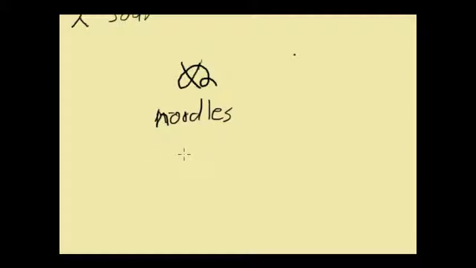Alright, so noodles. So, first thing we need is, we've already dumped our bowl of soup out, or drank our bowl of soup. Now we've got our bowl left, and we filled it up with noodles. So, obviously, if you've ever eaten noodles, you realize that when you eat a bowl of noodles, there's always that one noodle hanging over the side of the bowl. That's what this stroke is going to represent. This stroke is the noodle hanging over the side of the bowl of noodles, making a mess when you eat.